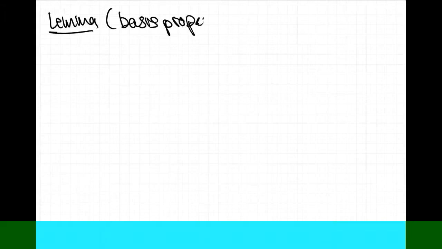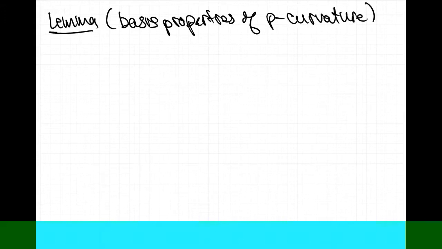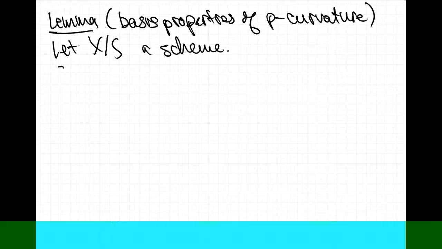I guess we can call this a lemma. And so this is basic properties of P-curvature. Okay, so we're going to let x over s be a scheme. S is going to be of characteristic p.